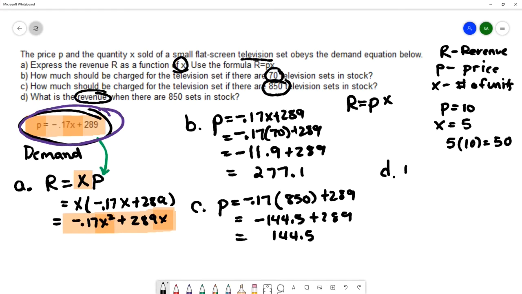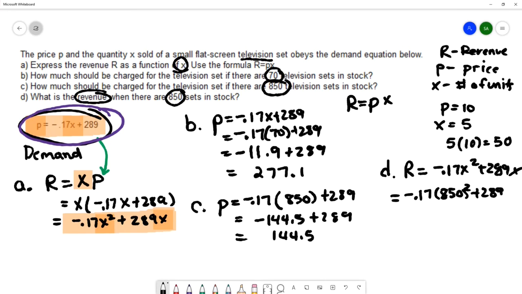And we'll use R equals negative 0.17x squared plus 289x, and we're going to substitute 850 in for x. That's negative 0.17 times 850 squared plus 289 times 850.